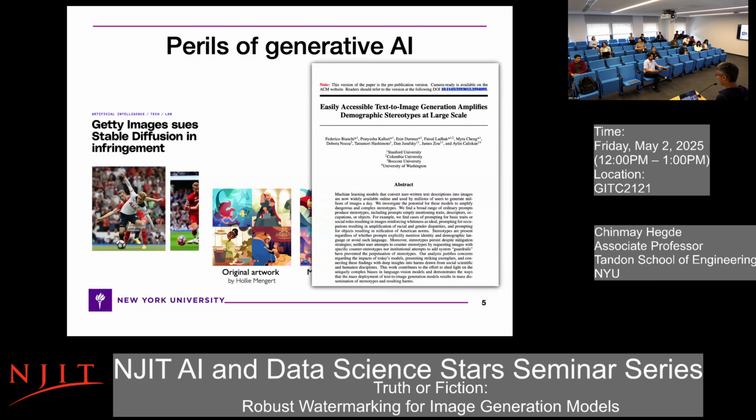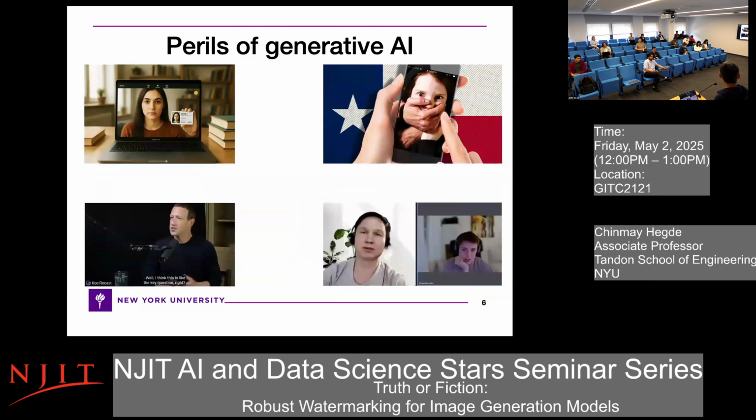But definitely there are several issues. That's one set of issues, right? So IP protection, data set bias, and so on. Perhaps a more insidious type of challenge is that of deepfakes.